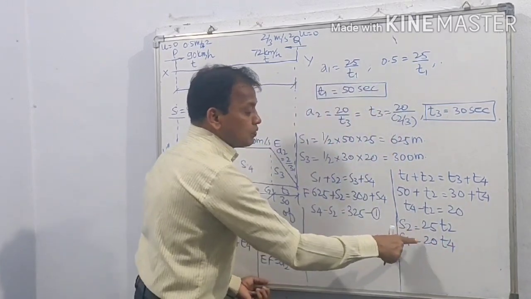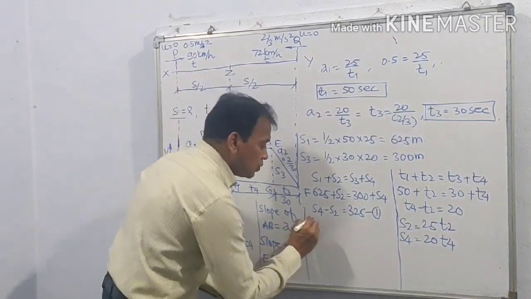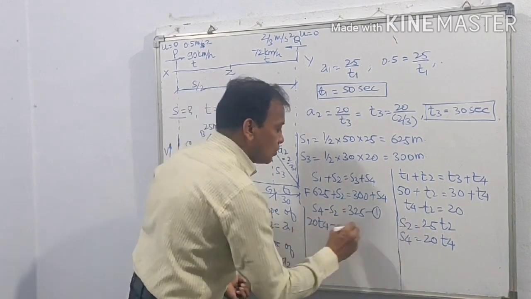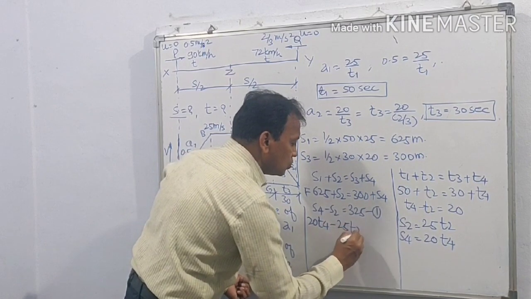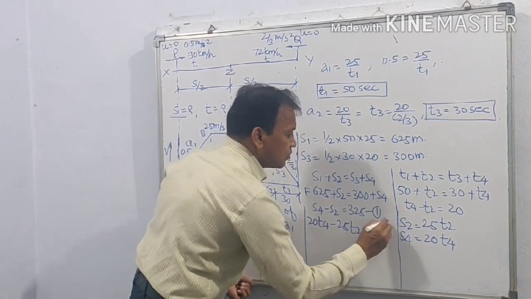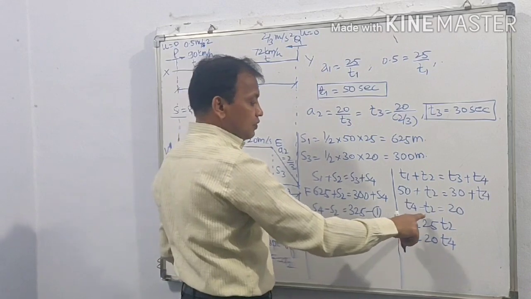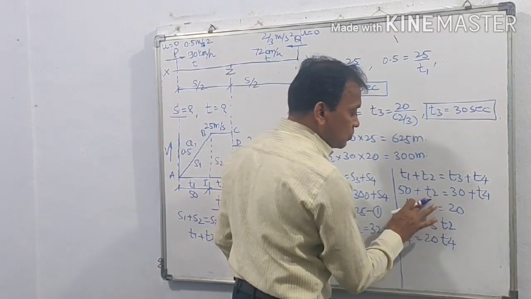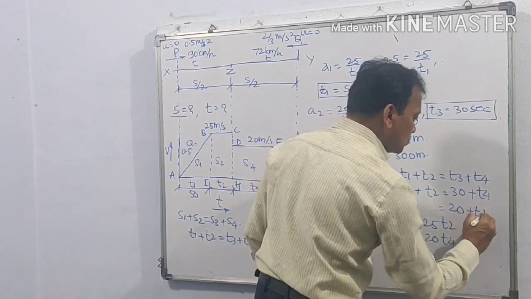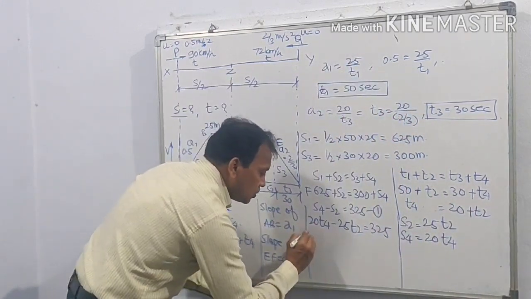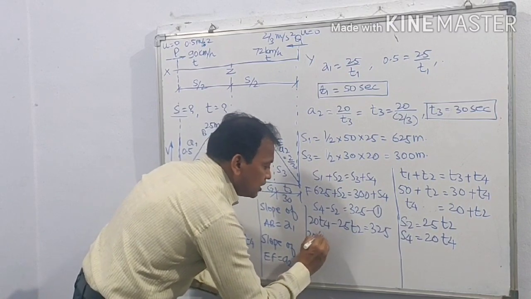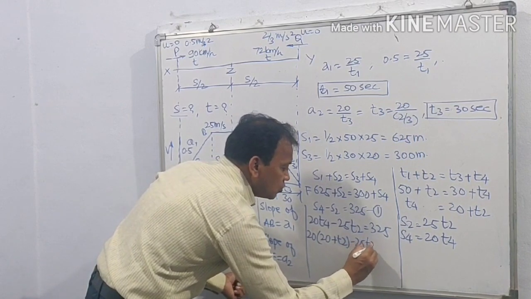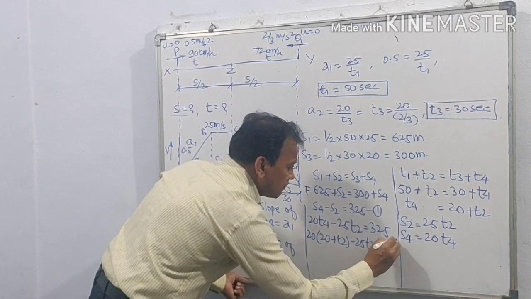We can put values of S2 and S4 here: 20 T4 minus 25 T2 is equal to 325. But T4 minus T2 is equal to 20, or T4 is equal to 20 plus T2. So here 20 into 20 plus T2 minus 25 T2 is equal to 325.